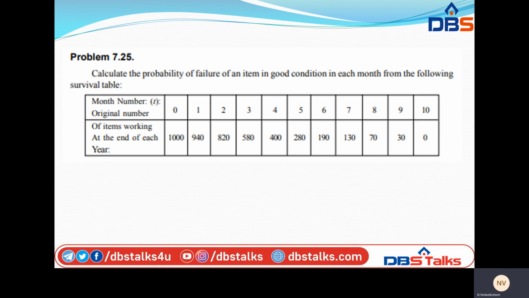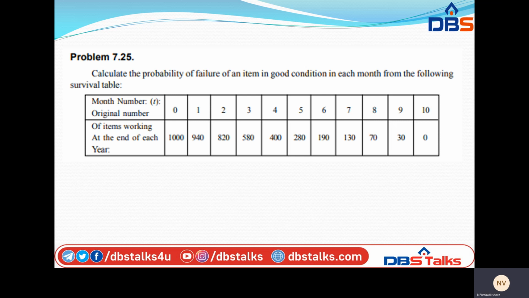Next, the items working at the end of each year, for every year. Initially we are getting 1,000 items at the initial stage. So for the 0th year we have 1,000 items.